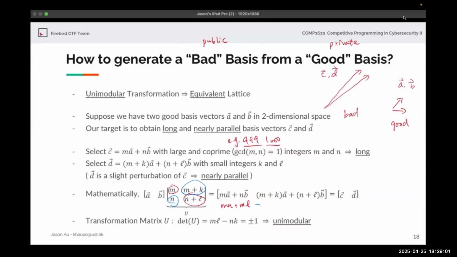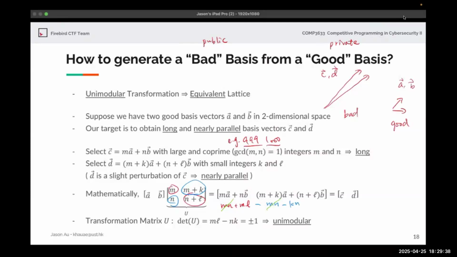After canceling out MN and minus MN, it gives us ML minus KN.